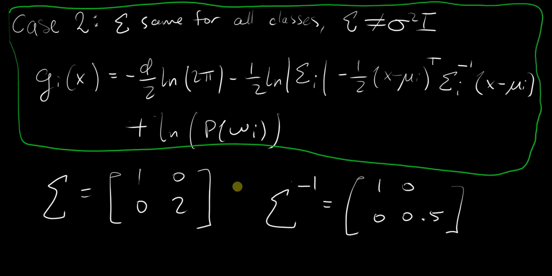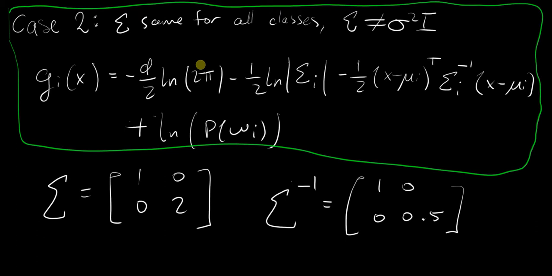So from the magic of television, here's the inverse of the covariance matrix. You can find that with your calculator or by hand if you're really into that kind of thing. This is the regular formula for it. It's derived from, I think, a Gaussian distribution.